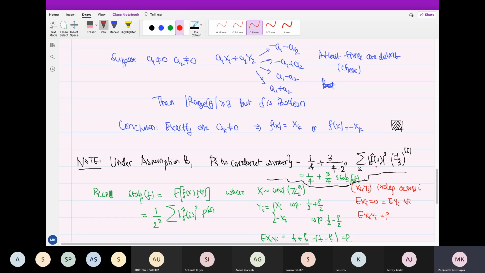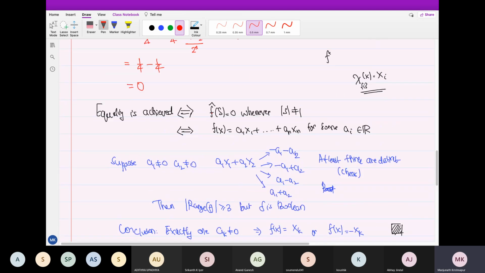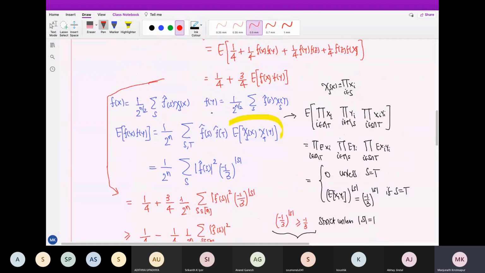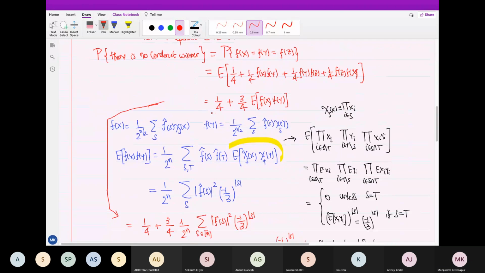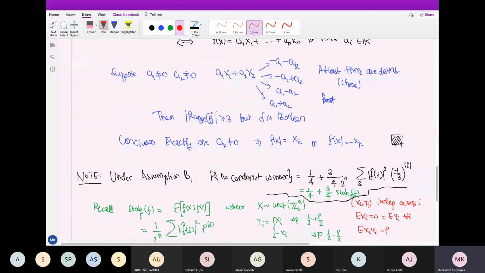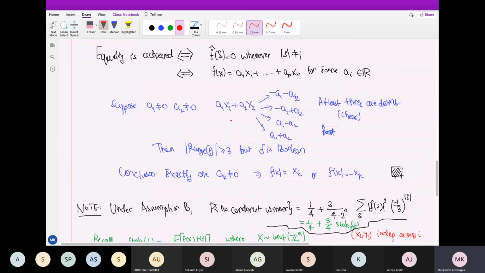See, the dictator function puts all the weight on singleton sets. But if you are taking a lot of people's opinions, what Soumendra is saying is that the Fourier coefficients won't be supported on singletons. They will go to higher and higher cardinality sets. And then the inequality will become worse and worse.